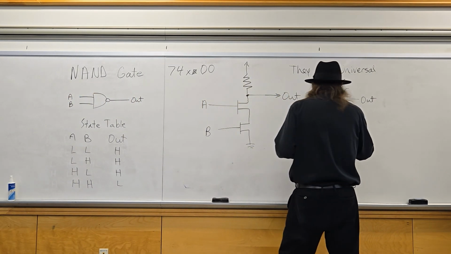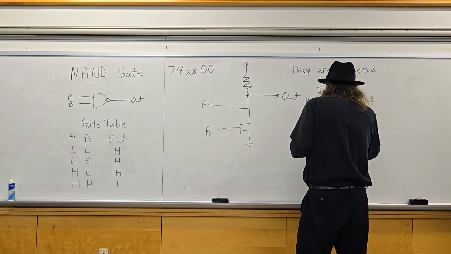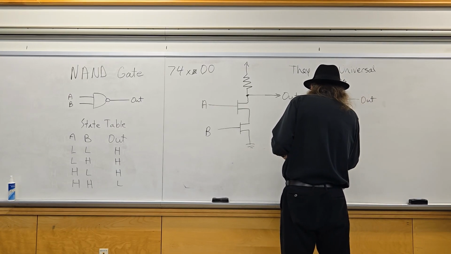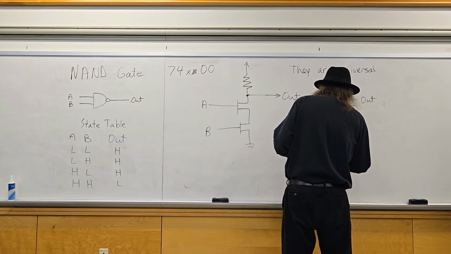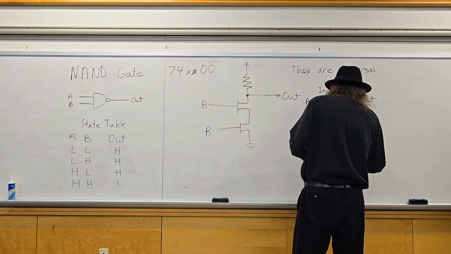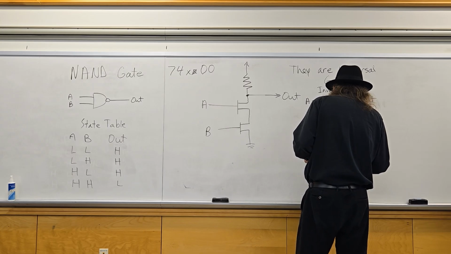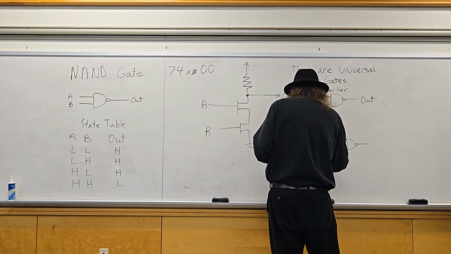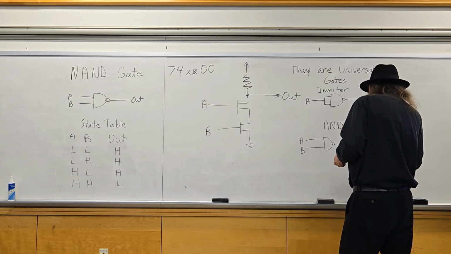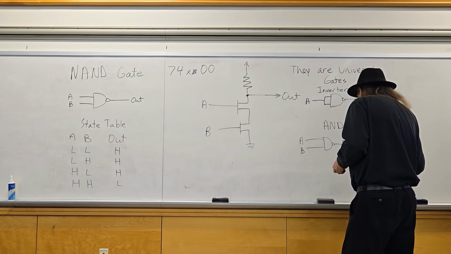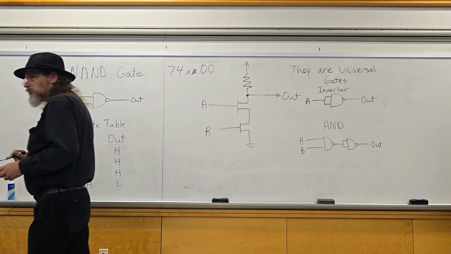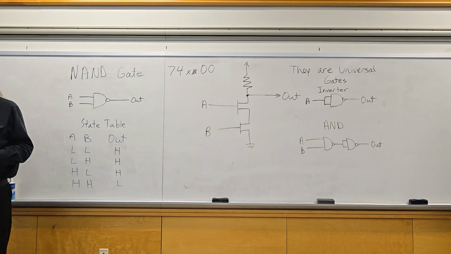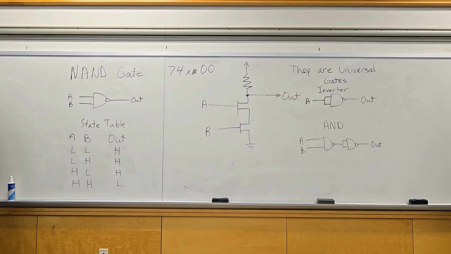Because it can be used as an inverter, you can put an inverter after a NAND gate and use it as an AND gate. So there's your second of your most basic gates.